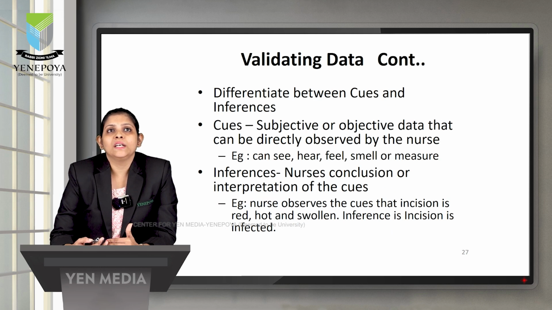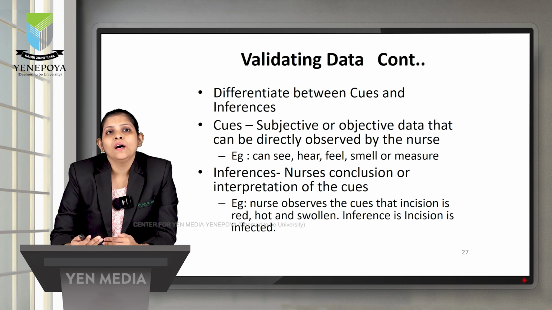When we are validating the data, we always have to differentiate between cues and inferences. Cues are the signs and symptoms, or the subjective and objective data, which are seen, heard, felt, smelled or measured. Whereas inferences are the conclusions or interpretations drawn from the cues. For example, the nurse observes the incision is red, hot and swollen.